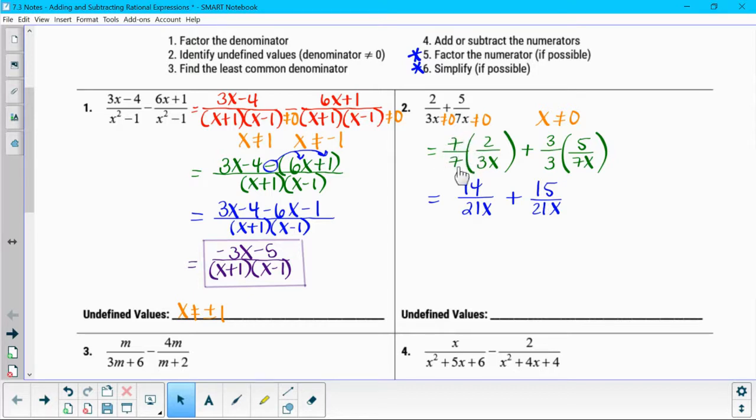So that's why I have 7 over 7 and 3 over 3. Now that I have a common denominator, I'm going to combine my numerators. 14 plus 15 is going to give me 29 over the common denominator, 21x. And I can't have anything factored in my numerator, so I'm not going to go through those factor and simplify steps for this problem either.